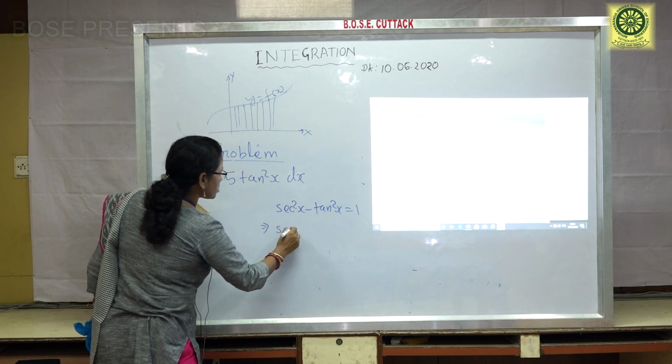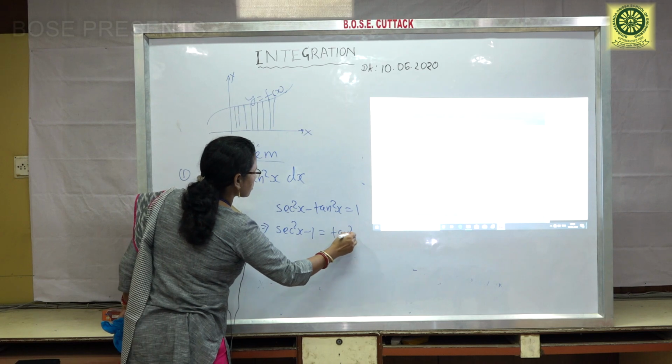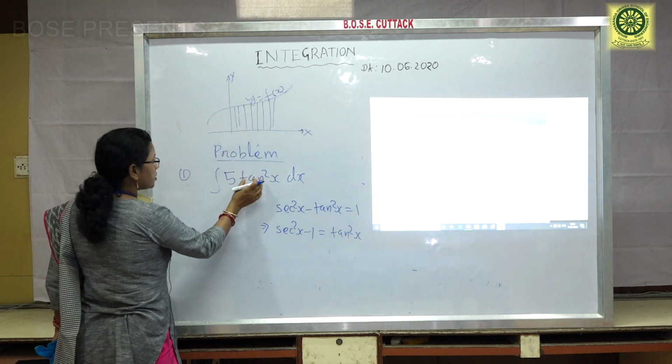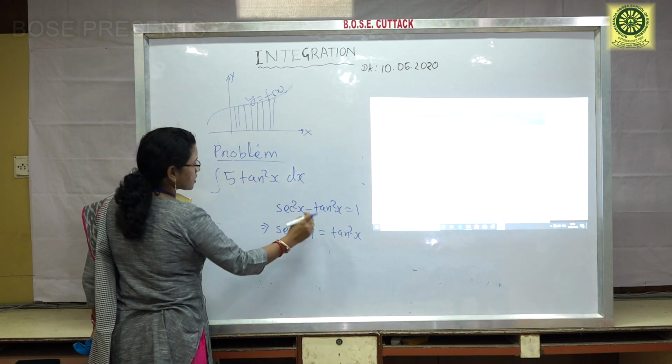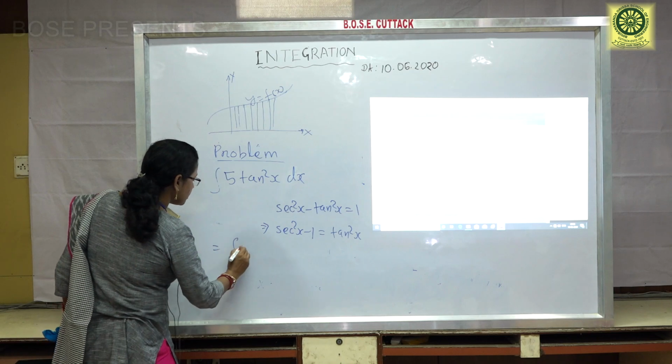That implies sec square x minus 1 is equal to tan square x. So what you have to do now is just replace tan square x by sec square x minus 1.